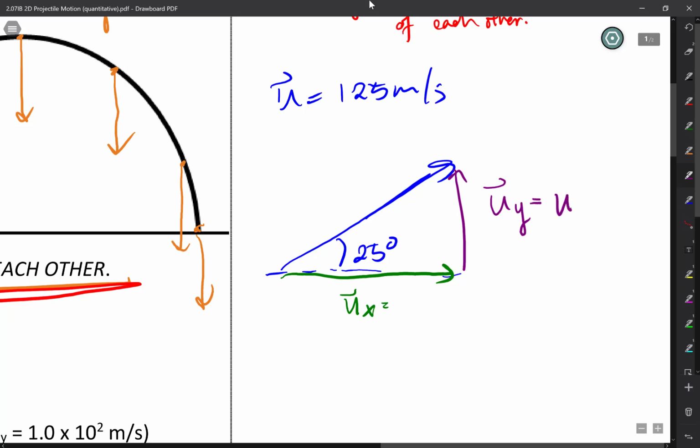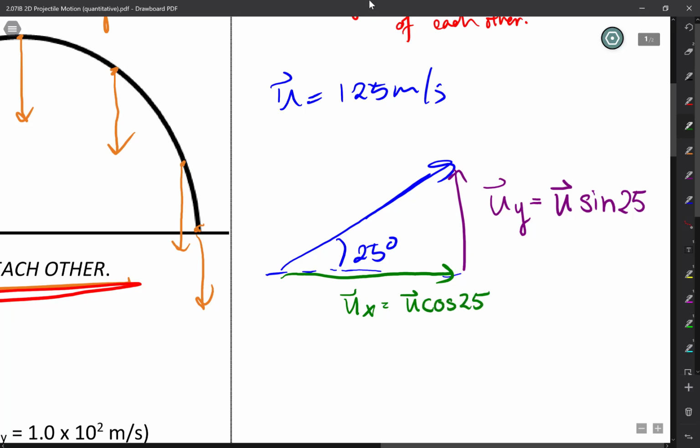And we're going to look at uy equals u times sine of 25. And how I got here, like I said, I did skip a step in between because I want us to be able to see the trig ratios and be able to write this right away. So do a few more practice if this is not apparent. And for ux, I have u, and this is the adjacent side, so I'm going to look at cosine of 25.